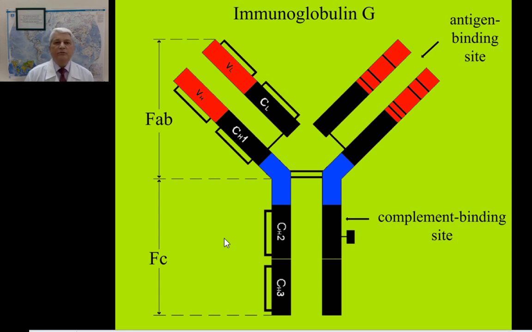For example, when the molecule of immunoglobulin interacts with an antigen, for example, with the molecules on the surface of bacteria, after this, proteins of the complement system, beginning from the first component, interact with the CH2 domain, and then we have activation of the complement system, and they produce enzymes and also hydrophobic structures which can destroy, for example, the membrane of the bacteria or the membrane of the cell which attacks the human organism.